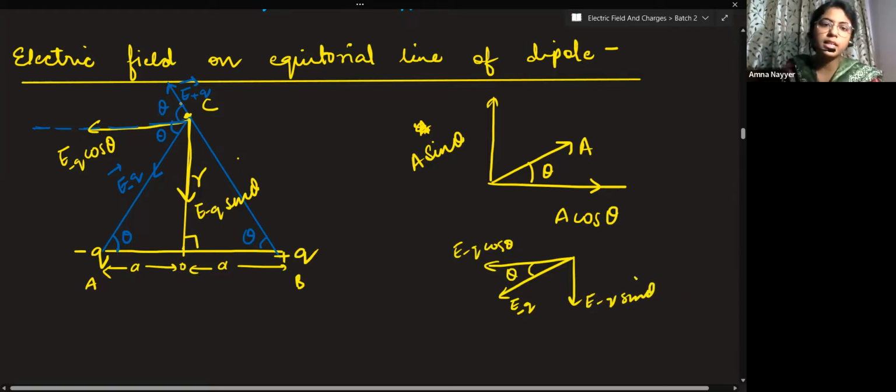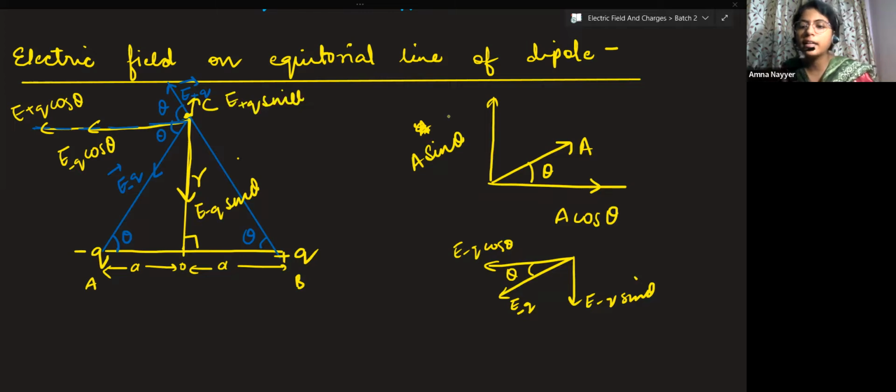Similarly, for this E plus Q, with the angle at this axis, it is making E plus Q cos theta, and the perpendicular to it, in the upwards direction, will be E plus Q sine theta.